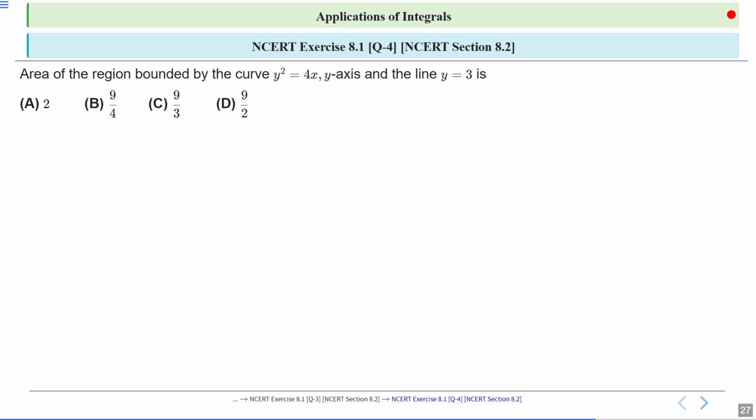You can take any horizontal or vertical strip and then use the definite integral to find the area bounded by the curve y square is equal to 4x, the y-axis, and y is equal to 3. Okay, so try. First write down the equation y square is equal to 4x, the y-axis, and y is equal to 3. Okay, try.